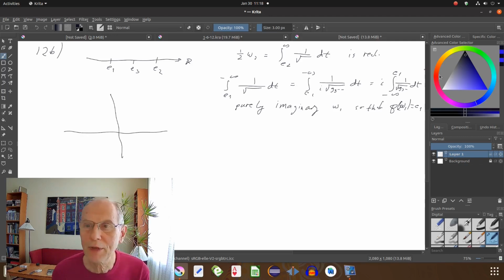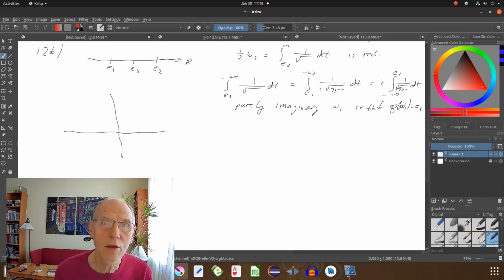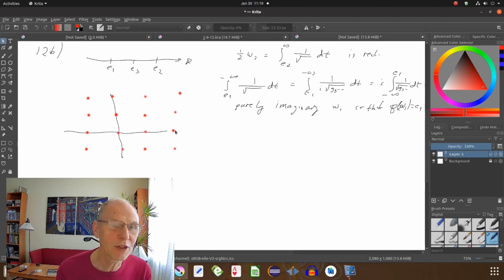So if we have the complex plane, then we have points, etc. Now this need not be the whole lattice, and the guys we get from these integrals need not be the first ones.